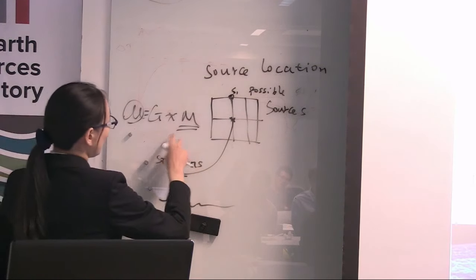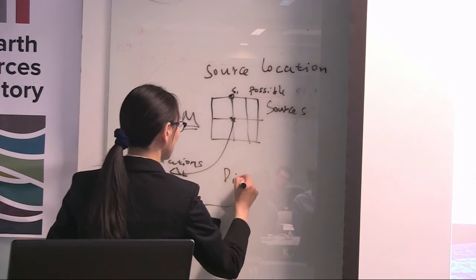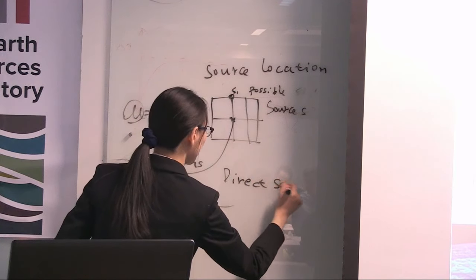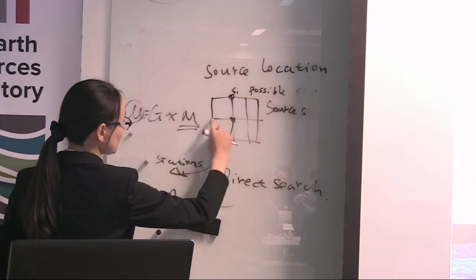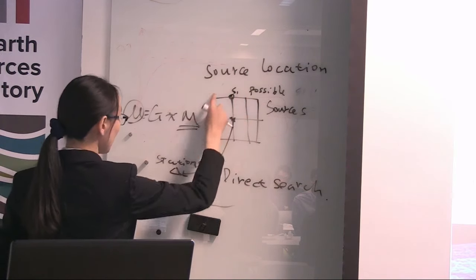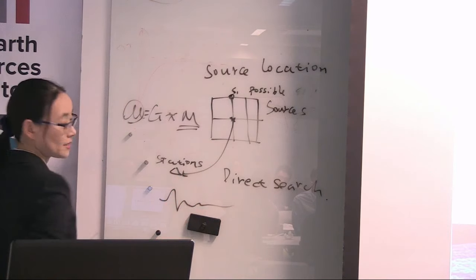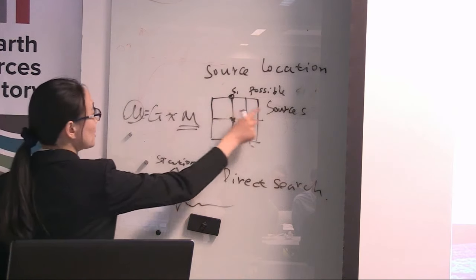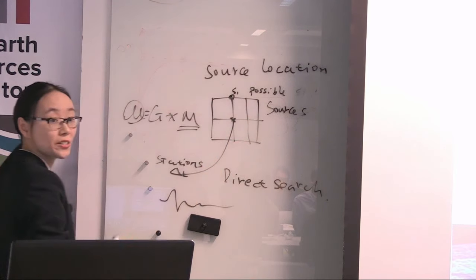But if you do the direct search, you need to put different sources at different locations and get the synthetic seismograms at the stations, and that will be thousands of simulations.